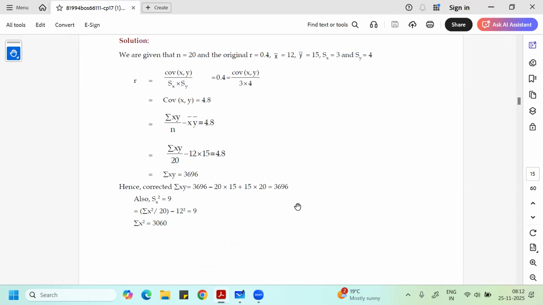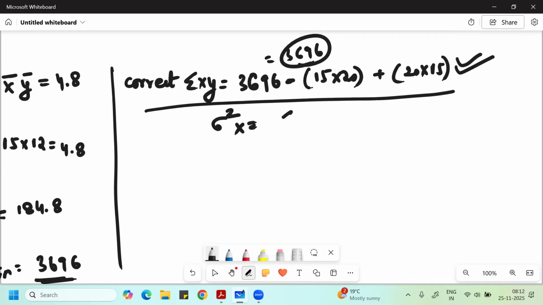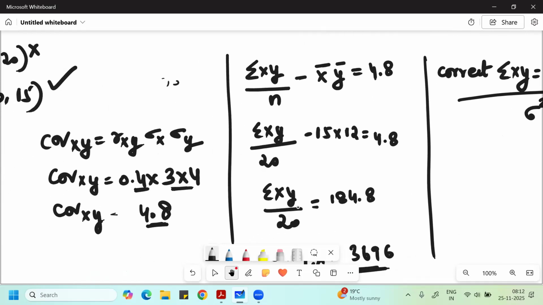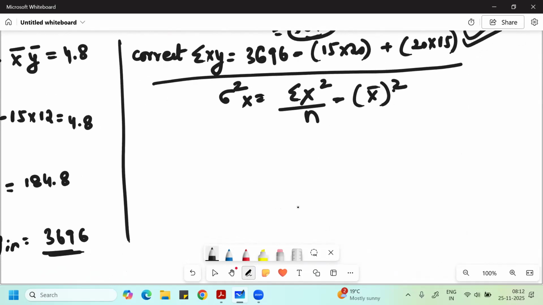Then you have to find the incorrect sum of x square and the incorrect sum of y square. You know the variance formula of x is sum of x square by n minus x bar square. Standard deviation of x is 3, so the variance would be 3 square, which is 9, equal to the incorrect sum of x square by n.